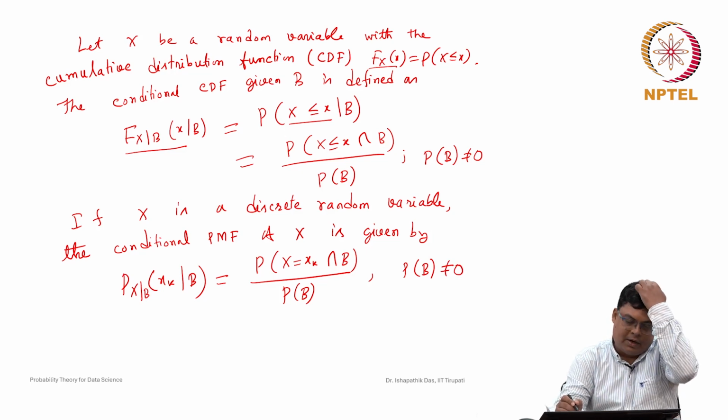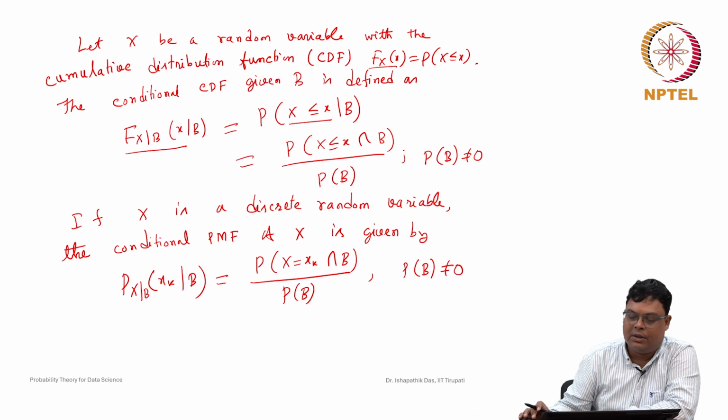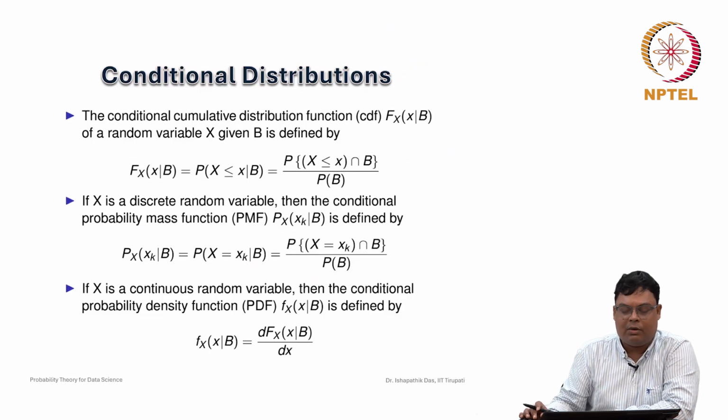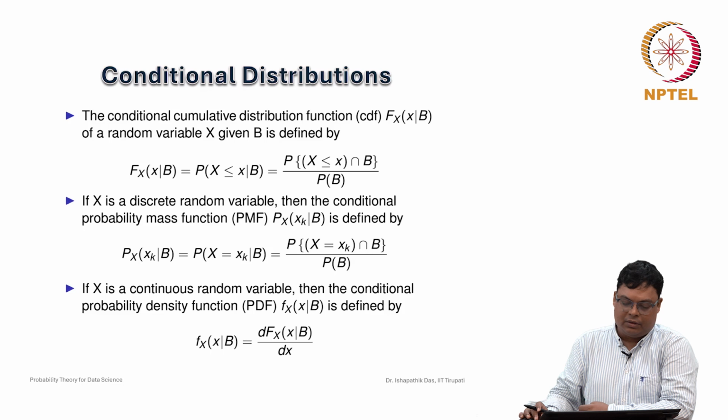So the conditional probability mass function is defined by this. We will discuss some numerical examples to see how we can compute this.